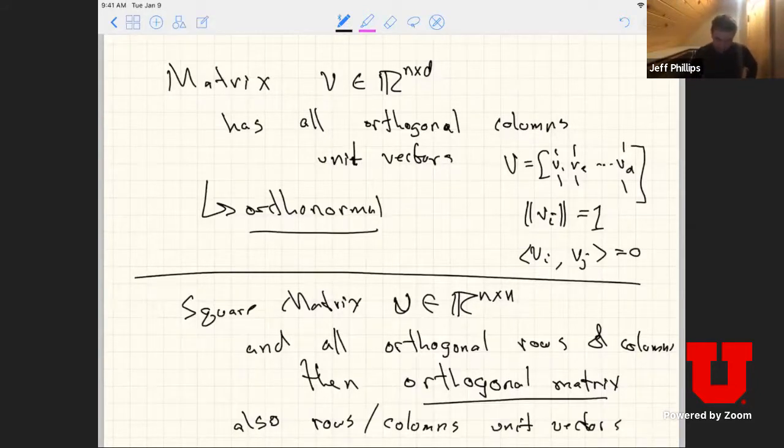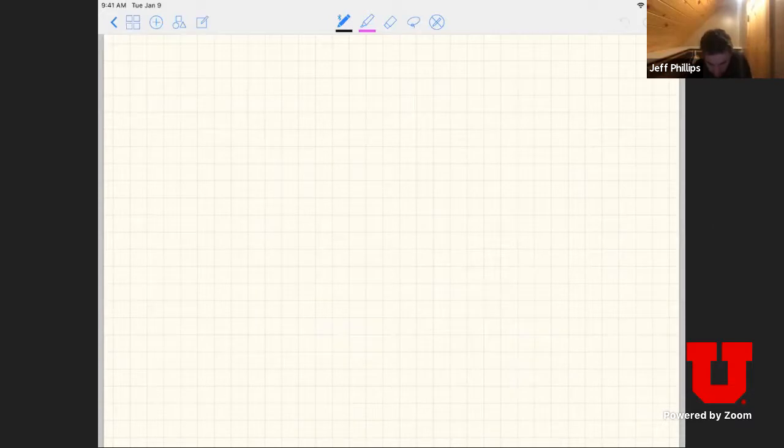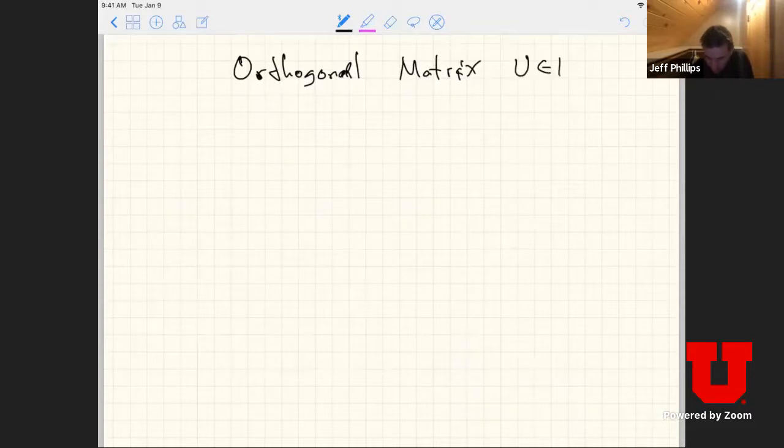Okay, so if this is the case, what's going to happen? So if I have an orthogonal matrix U in R n by n, then I'm going to have the property that U transpose U is going to be the identity matrix, right?